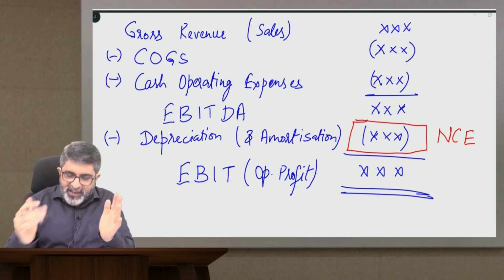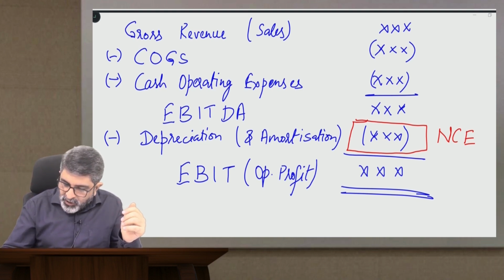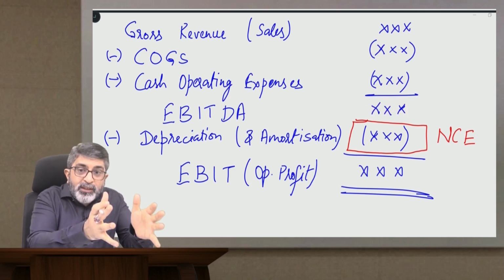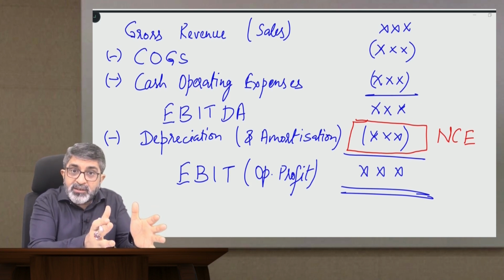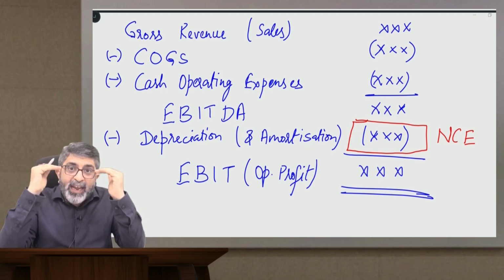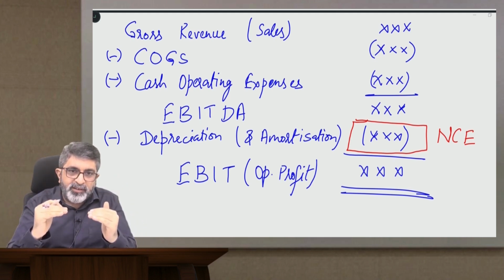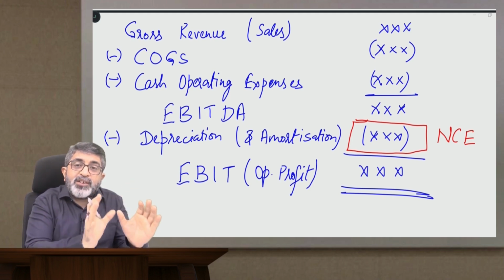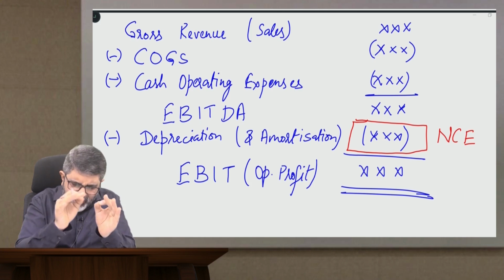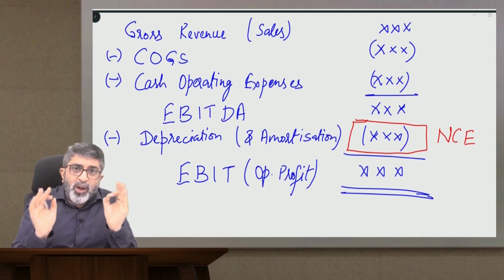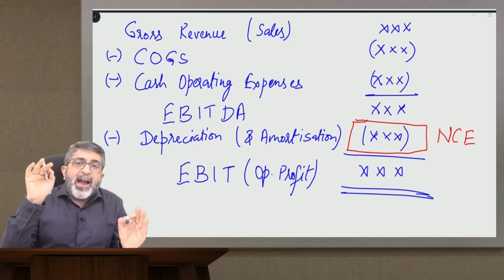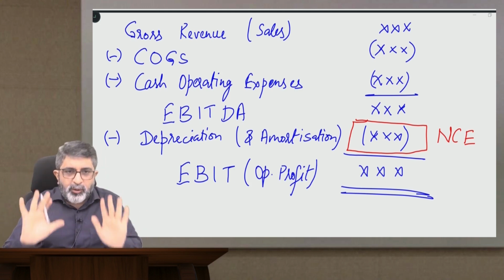For example, if this EBITDA amount is $80,000, it is lying with you as cash. When you subtract depreciation, your profit reduces from $80,000 to $60,000, but your cash flow still remains $80,000. So in my example that I just gave you, EBITDA was $80,000, depreciation is $20,000 and operating profit is $60,000.